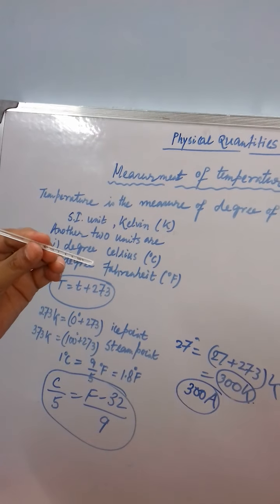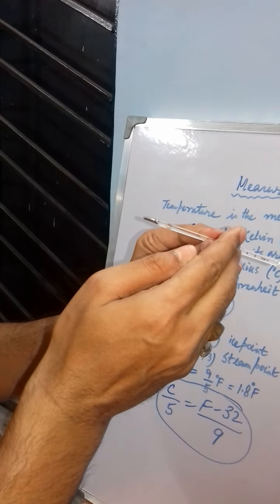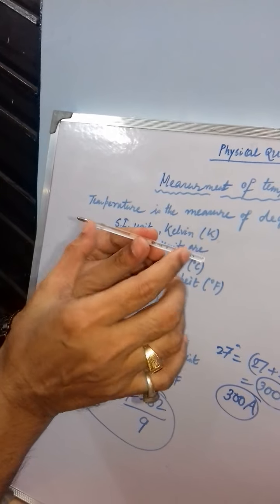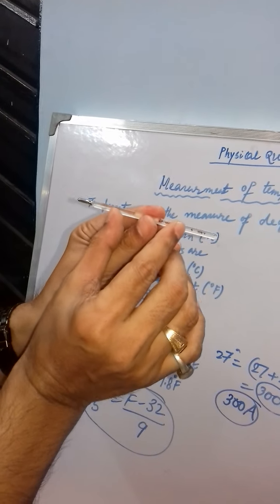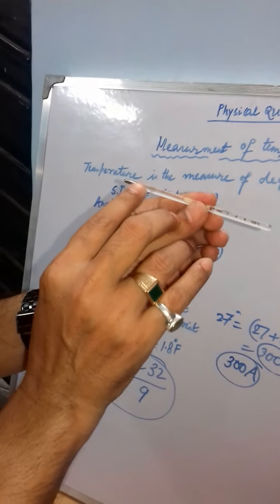Now whenever you remove the thermometer from your body, the room temperature is less or it may vary, so there is a chance that the mercury column may contract. So to avoid this, a slight bend, that constriction, is there.